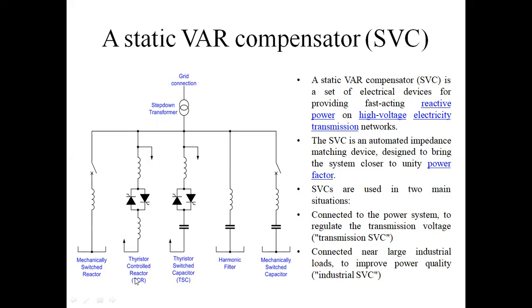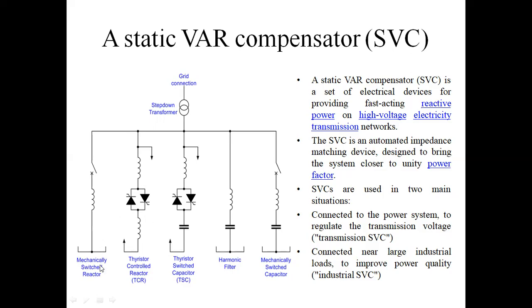During peak load hours, the capacitor banks generate reactive power. So the SVC absorbs and generates reactive power. Next, the SVC is an automated impedance matching device designed to bring the system closer to unity power factor. This SVC is used for maintaining unity power factor. That is one more reason for SVCs. This is the total structure of SVC.